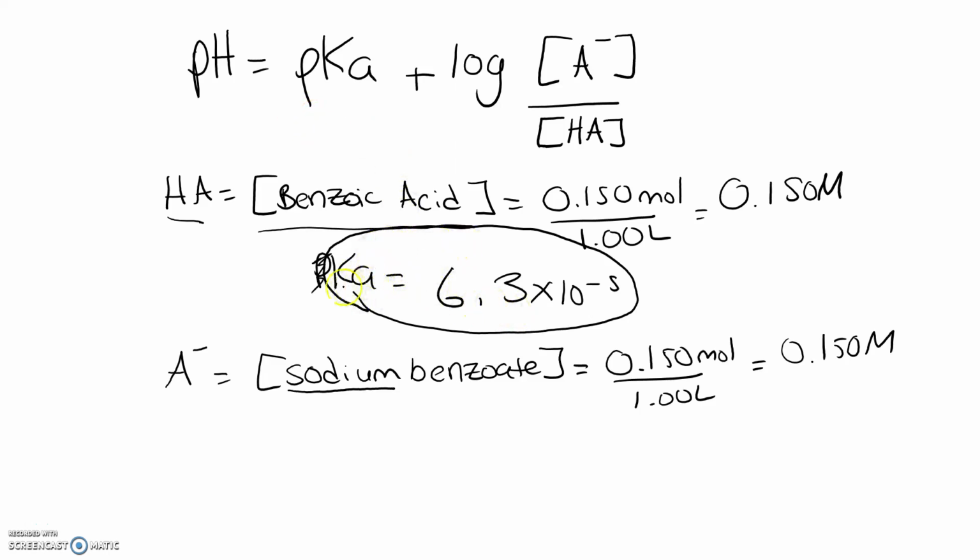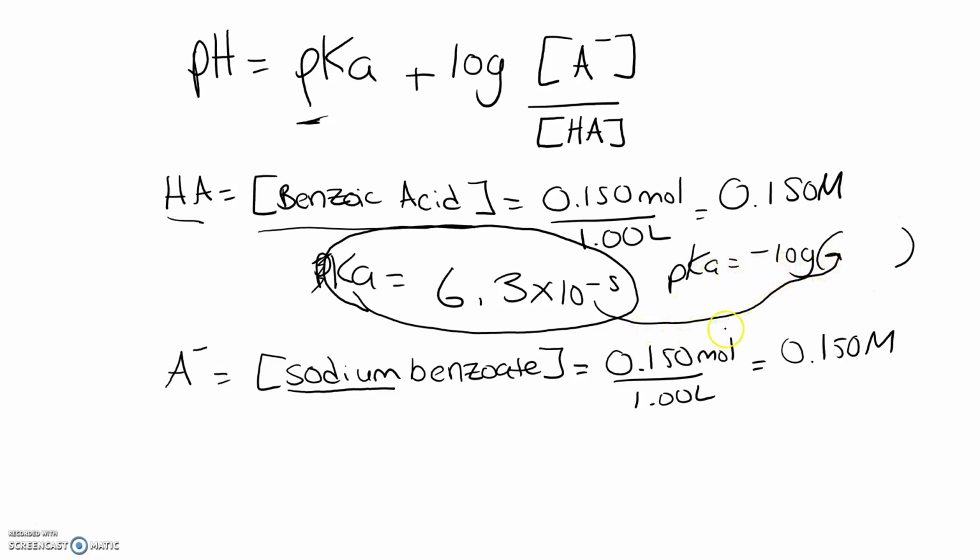So the first thing I need to do is turn my Ka into a pKa, and anytime I see a little p in front of anything, I know that means to take the negative log of it. So the pKa is equal to the negative log of 6.3 times 10 to the negative 5. Just save some room and write that there.